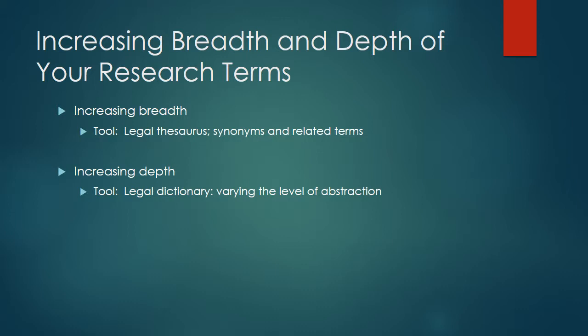A legal dictionary is an excellent tool for increasing the depth, because you can work with finding search terms that vary the level of abstraction. Increasing the breadth and depth is important because some search engines look precisely for the same terms you specify.